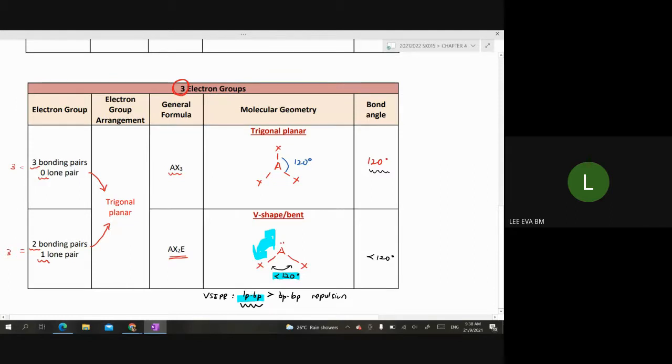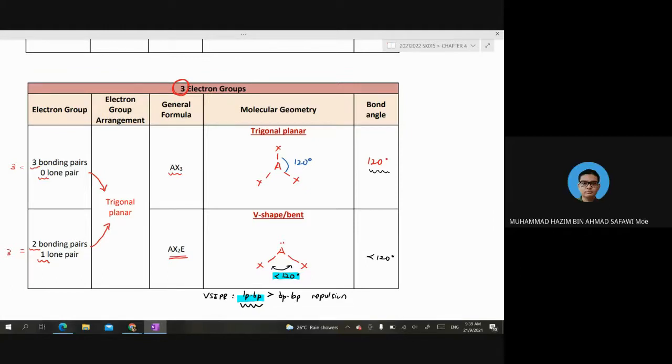So any questions about the shape for 3 electron groups category? Actually the lone pair pushes the bond pair repulsions, am I right? Yes, you're pushing it, squeezing it.